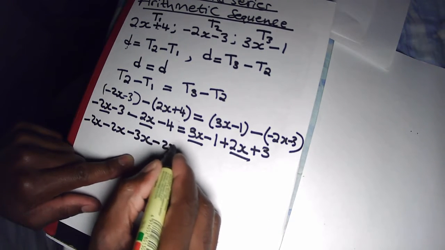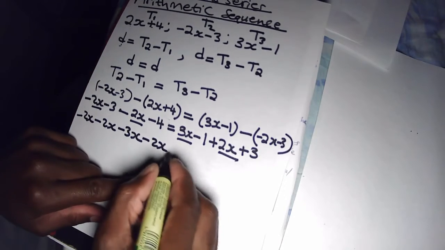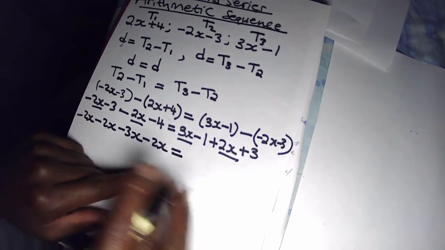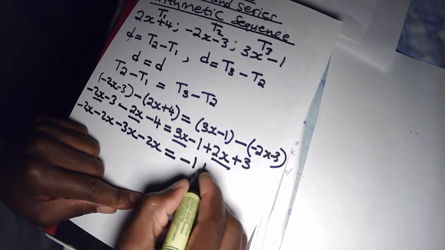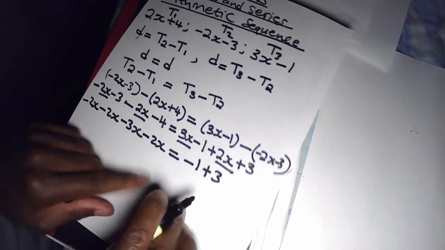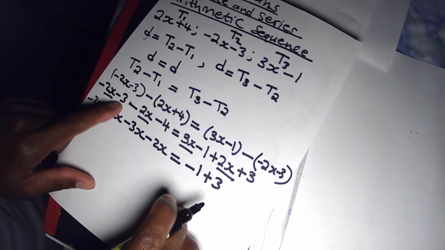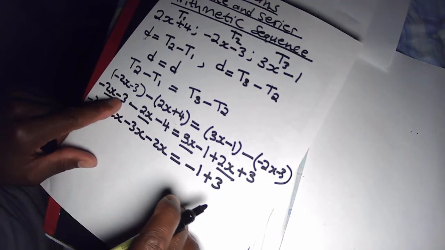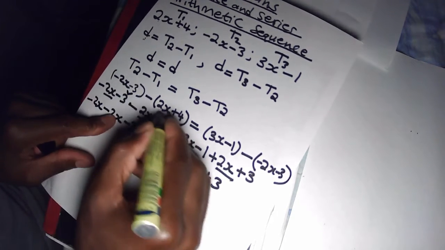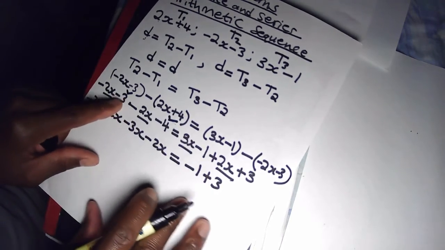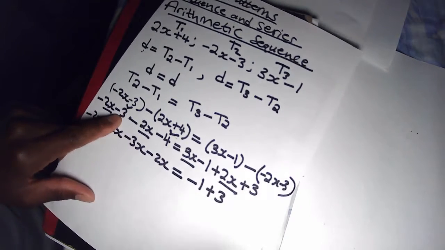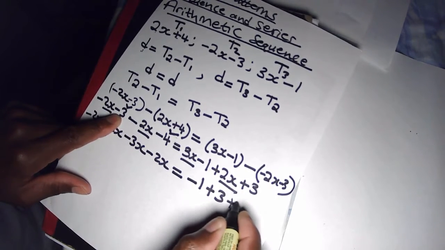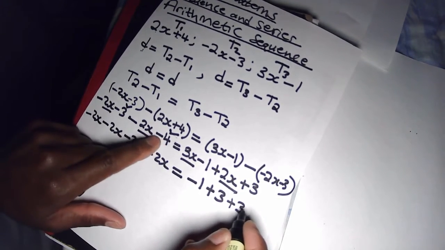We're going to remain with 2x is equal to, so on the right hand side I'm going to write down every constant that is there first, and add these constants here. As you can see, we have constants, so I'm going to add them on the right hand side and add the negative 4 as well.